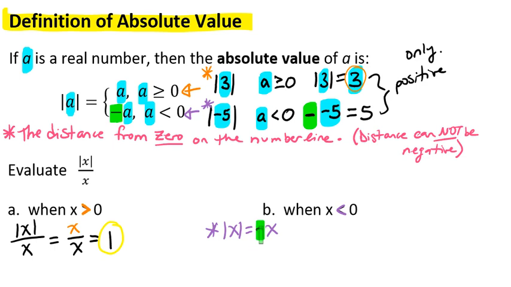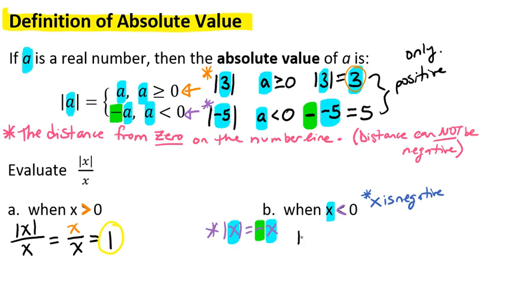Now, don't be fooled. That negative is going to end up going away because remember, in this case, our x is actually negative. So here x is negative, so don't forget that part. Now we go to plug it in.